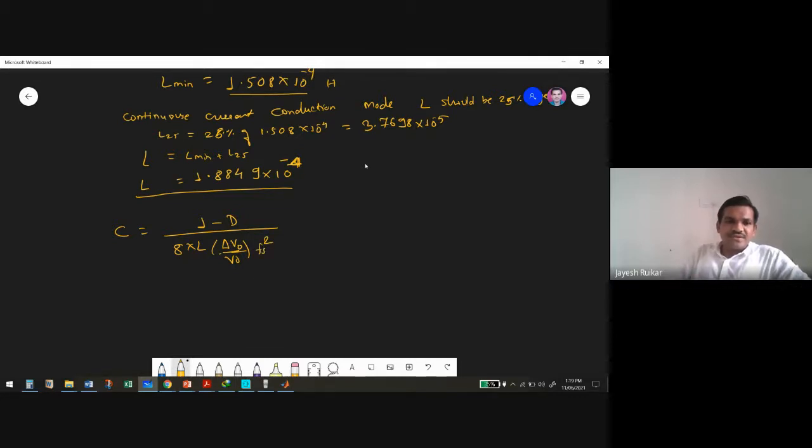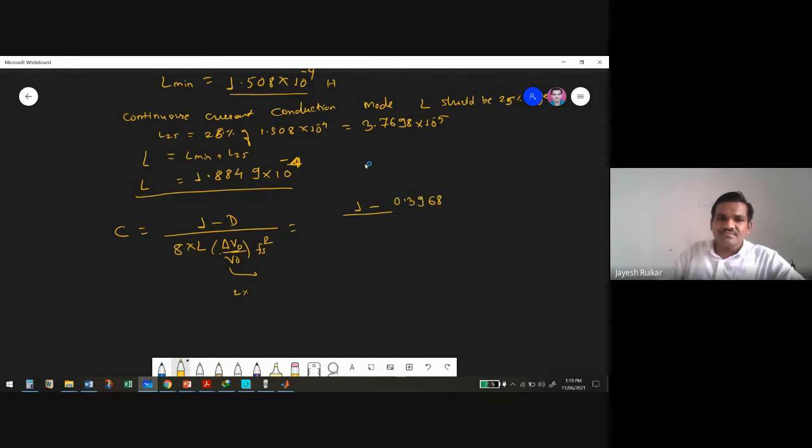Ripple can be less than 2%, so we can consider this value as 2% in this case.